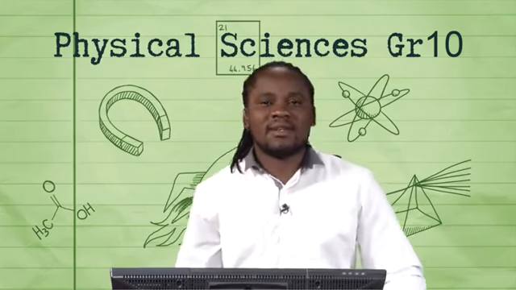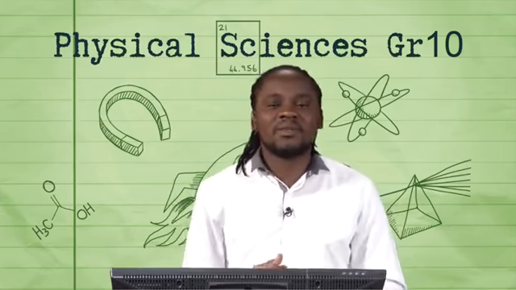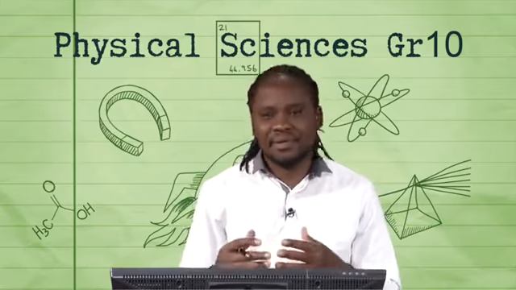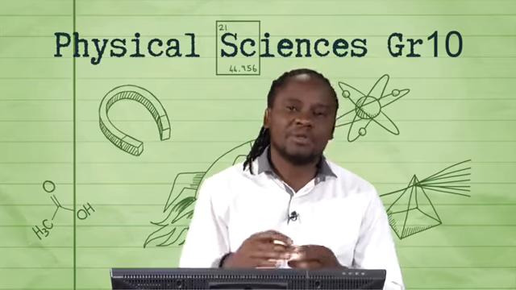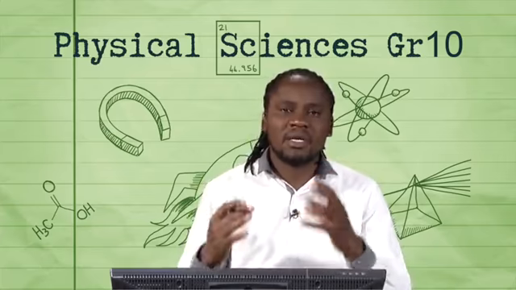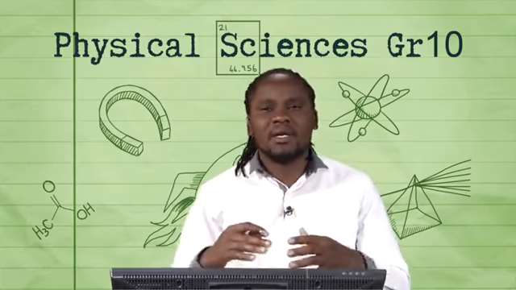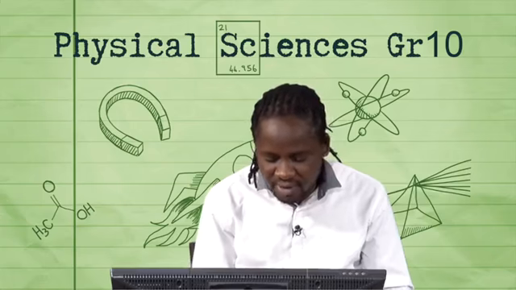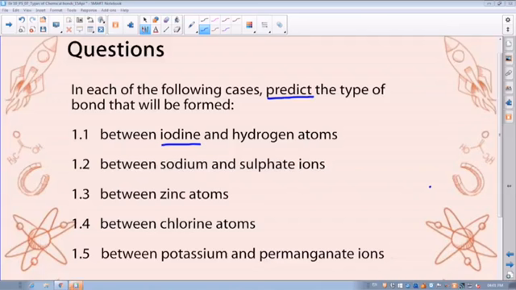All right, guys, having attempted the first question, which has a lot to do with identifying the type of elements involved in the bonding. Remember, we've got metals, non-metals, as well as semi-metals. In this case, iodine is a non-metal as well as hydrogen.